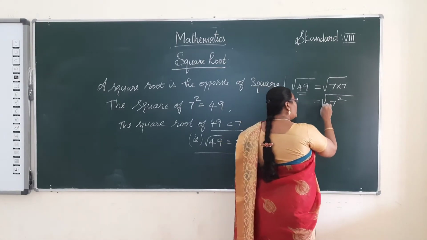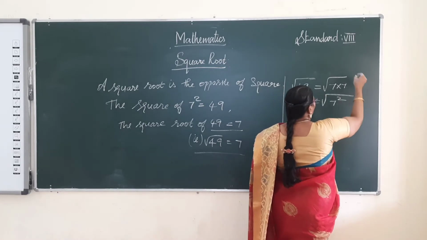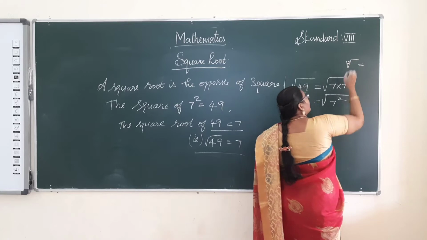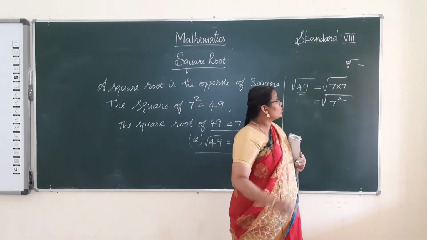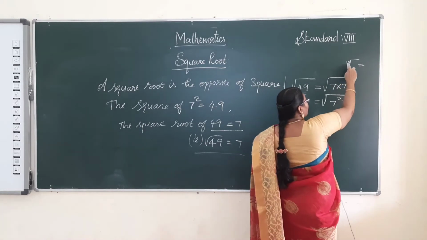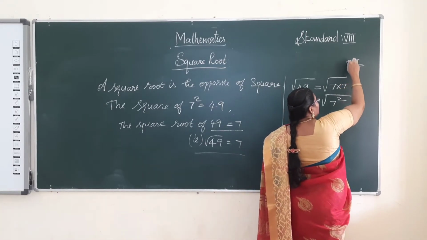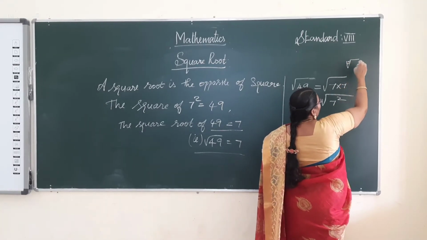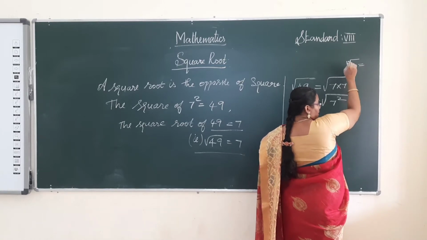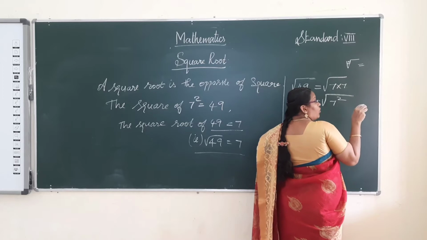The value of the square root is here: square means 2. So in this place the value represented is 2. Here we need not write the value 2, but it is specified.